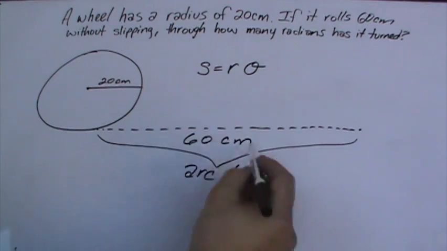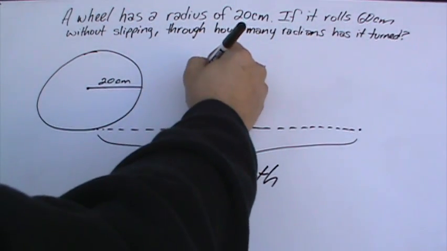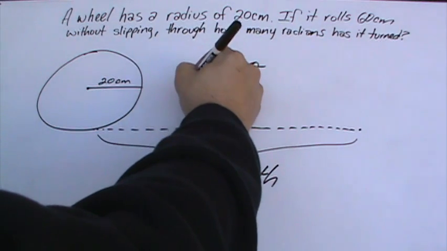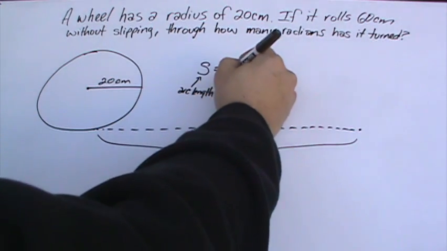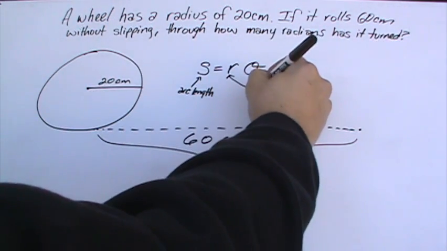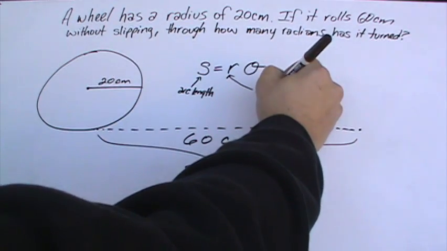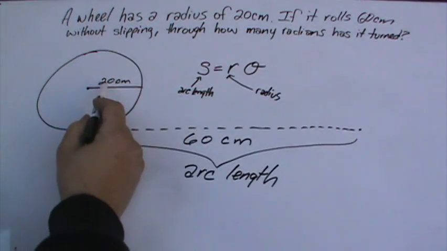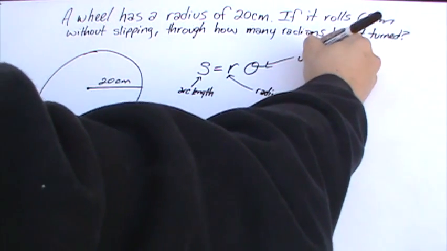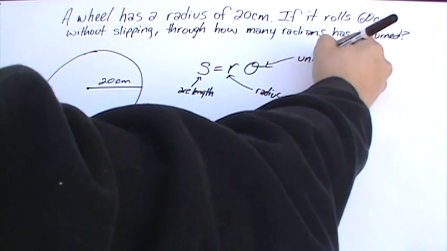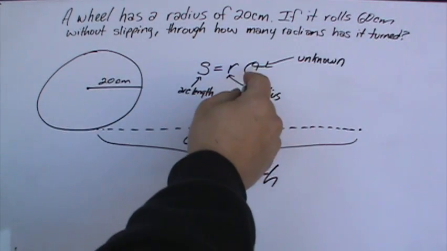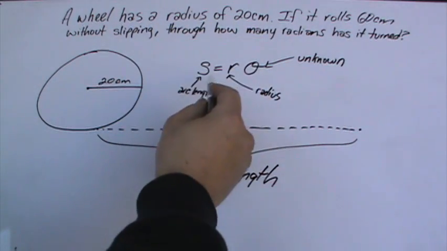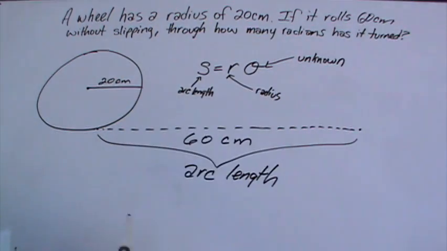So this is our arc length, this is our radius, which is given to us, and this is going to be our unknown in this problem, theta.